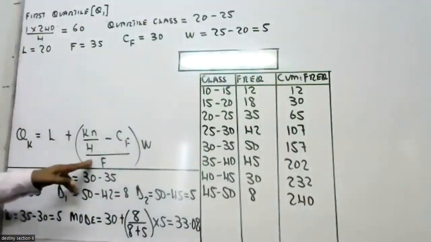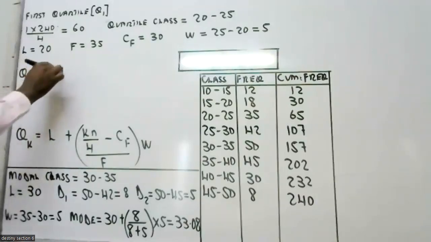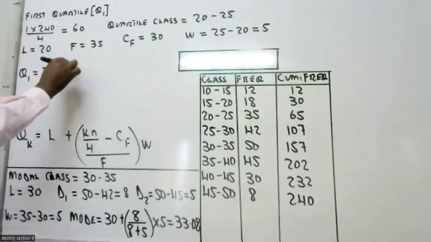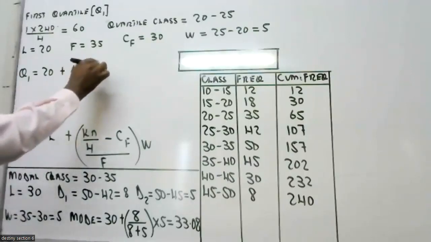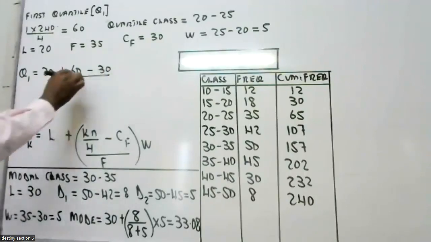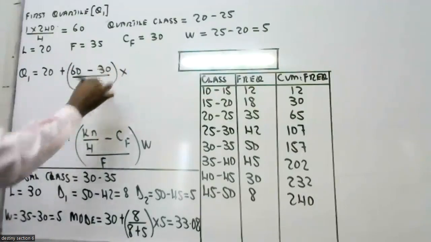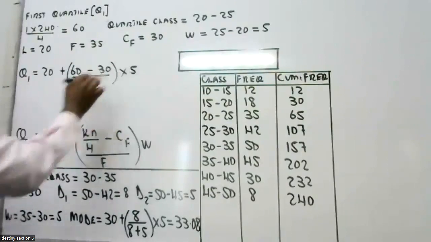So now I have everything that I require. So I'll then come here and say Q1 should be L, which is 20, plus Kn out of 4, which is 60, minus the cumulative frequency, that is 30. You divide by the frequency of that class, which is 35. Then you multiply by the width, which is 5.